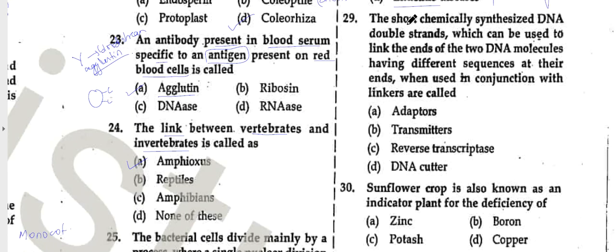Our next question is number 29. The short chemically synthesized DNA double strand, which can be used to link the ends of two DNA molecules having different sequences at their ends when used in conjunction with the linkers. These are short and chemically synthesized, not naturally available.